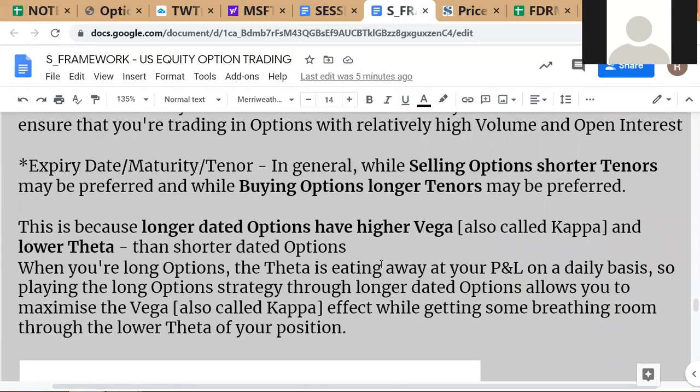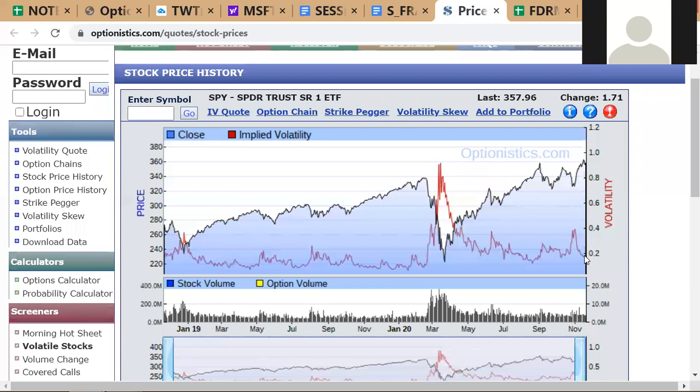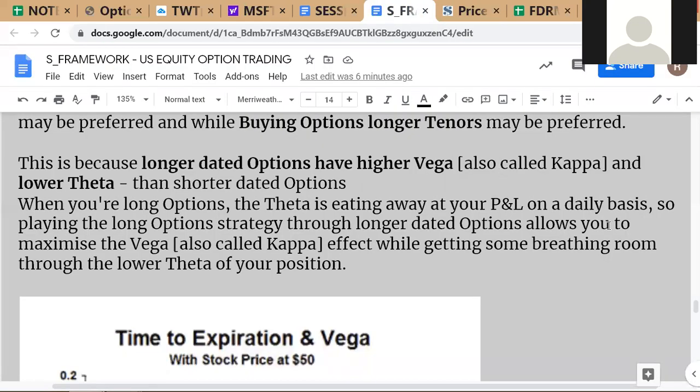Because you want to get maximum bang for your buck if your view turns out to be correct. What is the view based on which you decided to be a buyer of options? The view is a bullish eyeball view. So if your view turns out to be correct, you want to get maximum bang for your buck, in that you want the highest response.